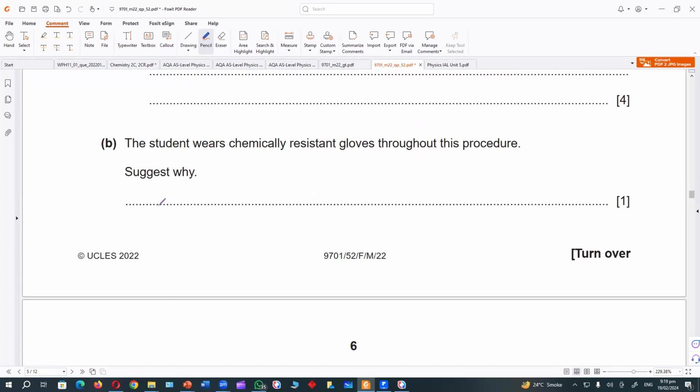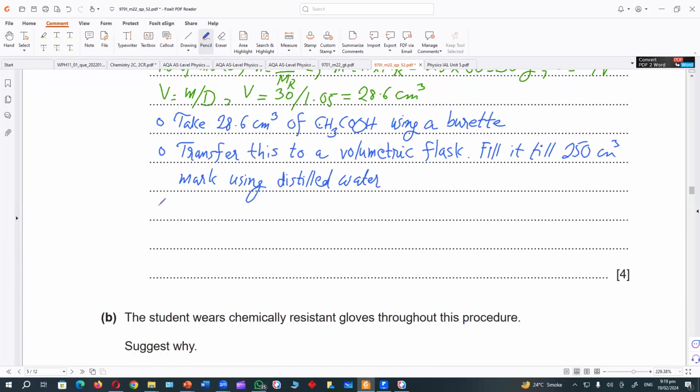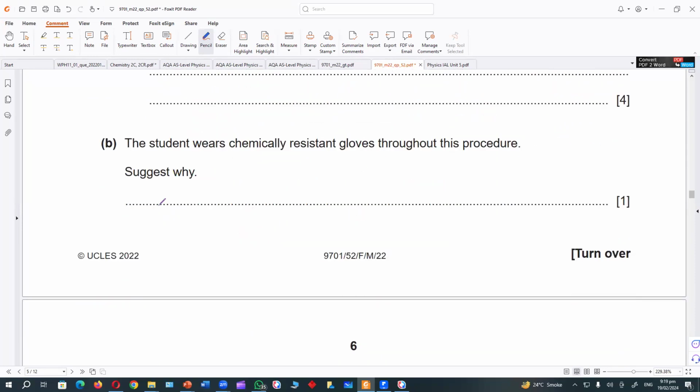Okay, now the student is wearing chemically resistant gloves, which can resist acids and other things. So why has he, because it's an acid. So it can catch fire? No, acid itself is dangerous. And you know that we need always good care. All acids.